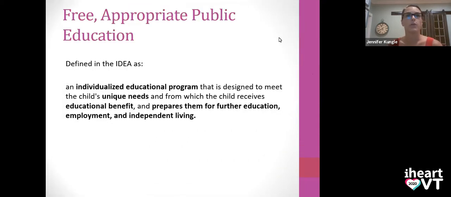But just to go a little bit deeper, the free and appropriate public education, abbreviated as FAPE, is an individual education program designed to meet the child's unique needs, so he or she will receive educational benefit. Again, prepare them for further education, employment, independent living. That's the goal of these services: once they graduate high school, we hope they'll get a job. We hope they'll be productive members of society, and all these services are designed to get them to that point.